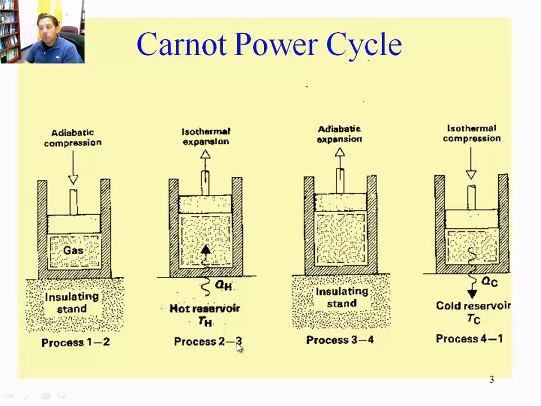Process from 2 to 3, the system is placed in contact with a hot temperature reservoir, so that there is a heat exchange into the system, QH, and there is an isothermal expansion in the process. After the isothermal expansion, the temperature of the system is kept at a temperature TH at all times during the process. After the expansion takes place, there's a further expansion, but that expansion is adiabatic.